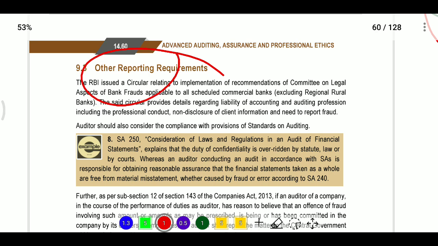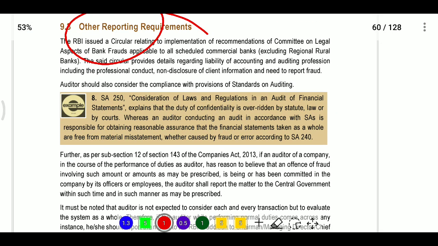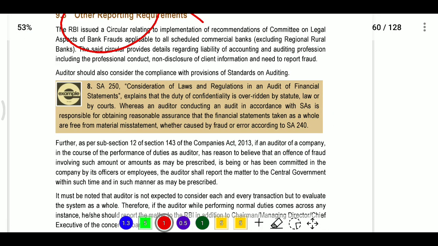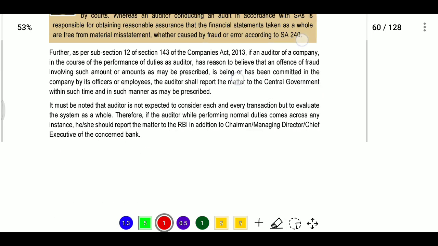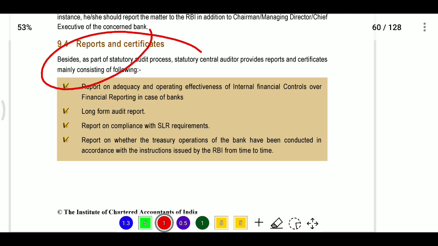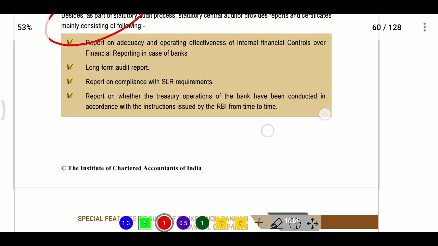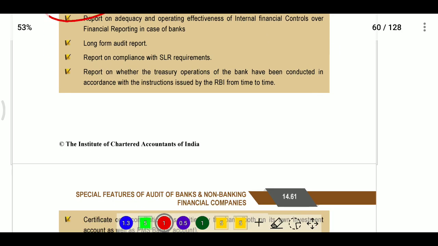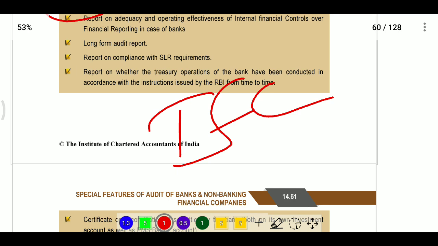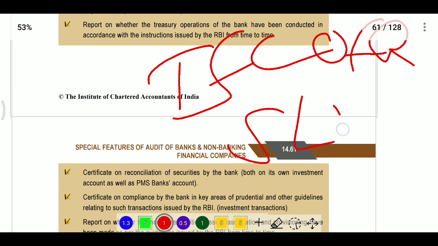Next, other reporting requirements. What are there in other reporting requirements and certificates? Here, statutory auditors also provide reports and certificates in some cases. Report on the operating effectiveness of internal financial controls over financial reporting. Report on compliance with SLR requirement.